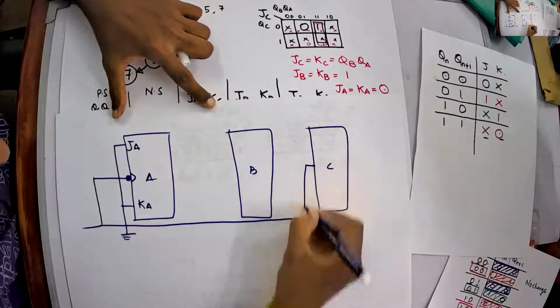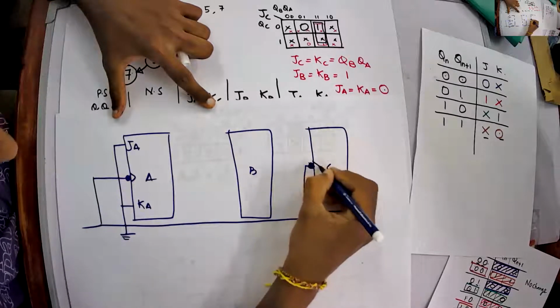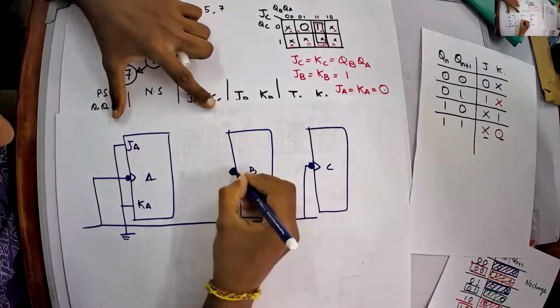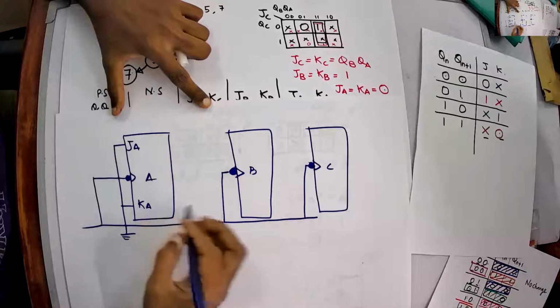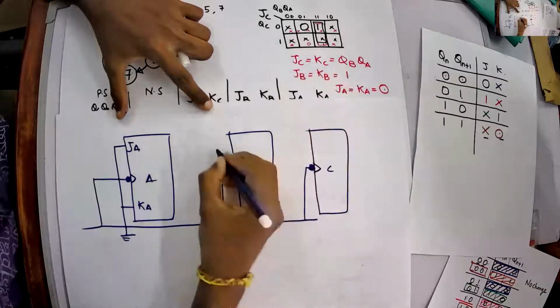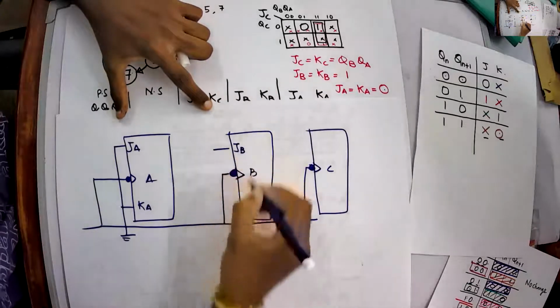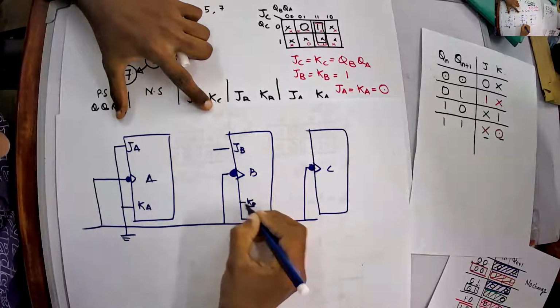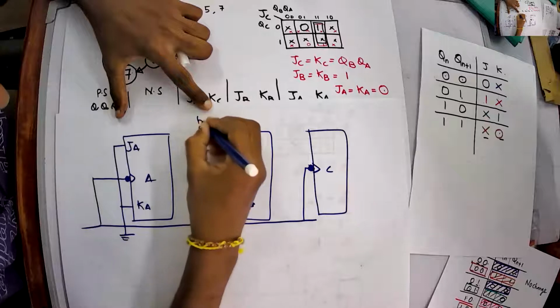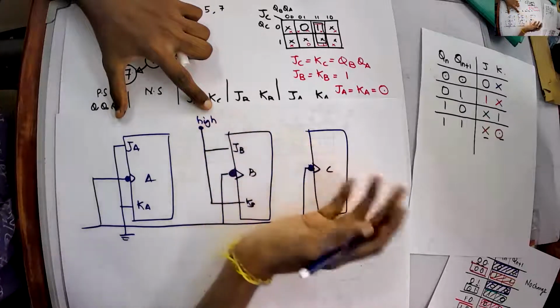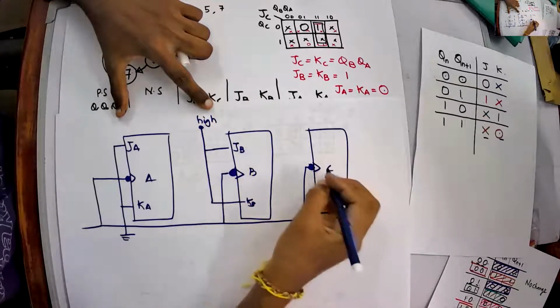For all of them, I have the same clock. And then my JB, KB equal to 1, so they can be connected to high, 5 volts or whatever you like.